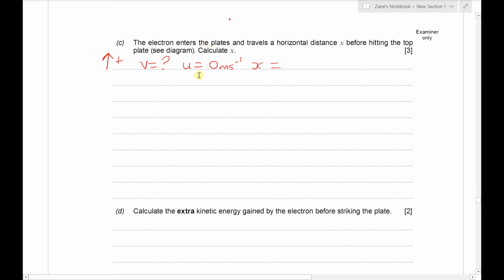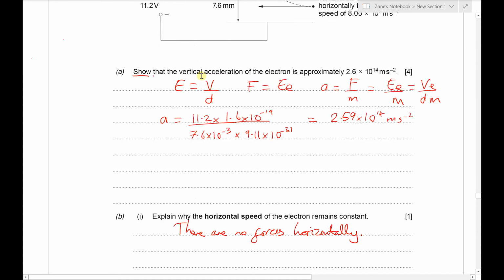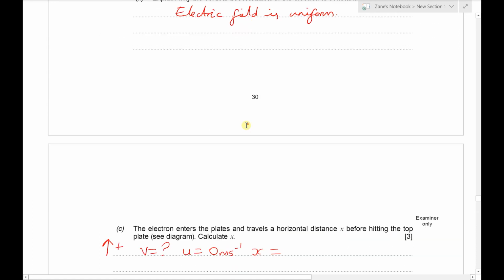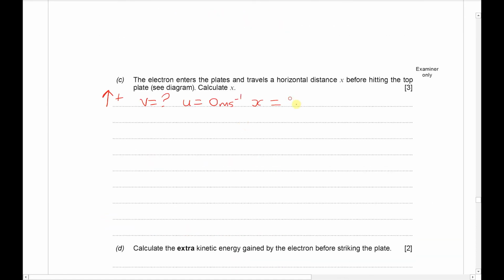Vertically, it travels half the distance between the plates, because remember this electron started halfway between, so we've got 3.8 millimeters. The acceleration was the 2.6 times 10 to the 14 meters per second squared, and the time we don't know.